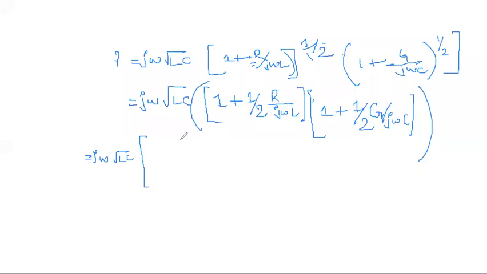First term multiplied with first term is 1. Each value you multiply, so it will be 1. The second term you have is half into G by j omega C multiplied with plus half into j omega L. First I have done this and this, then this and this.